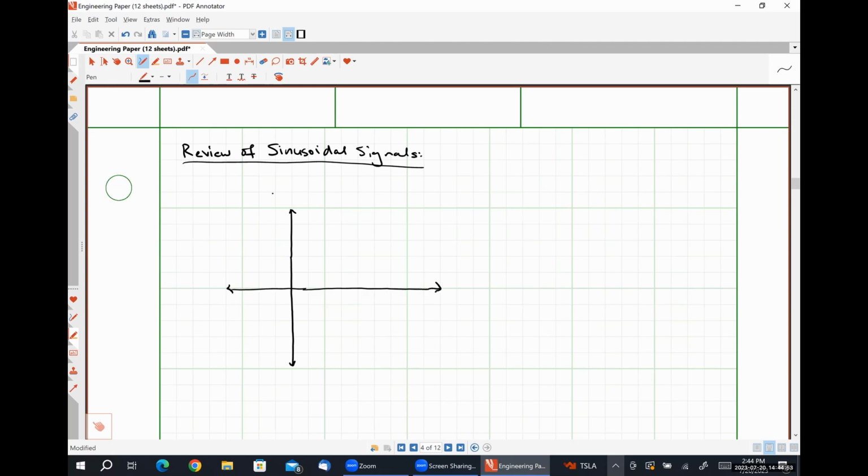So just for the sake of argument, let's call this a voltage waveform as a function of time. Here is my representation of a sinusoidal signal.